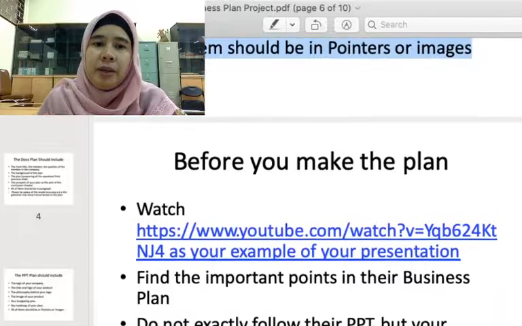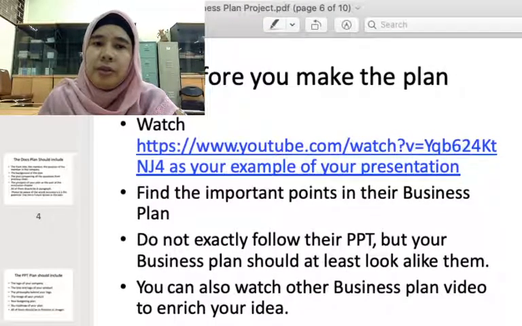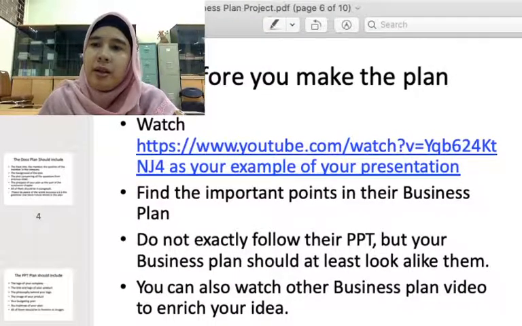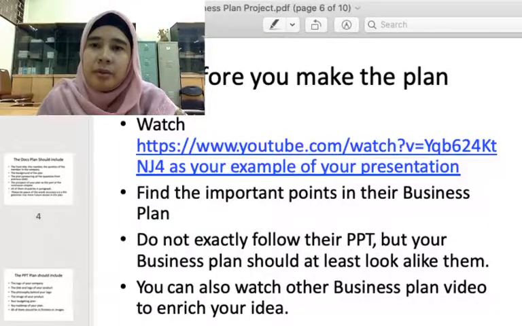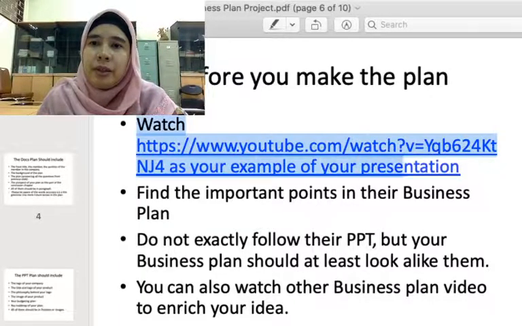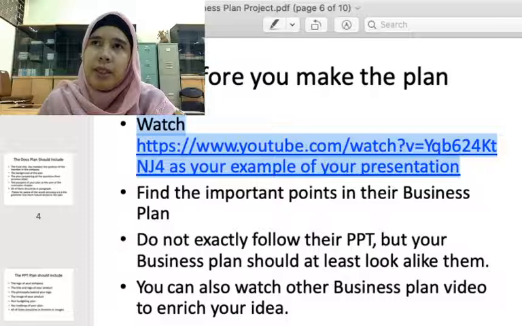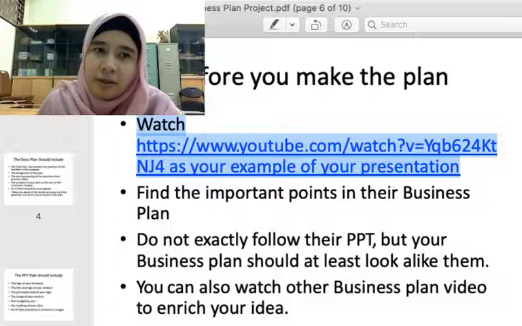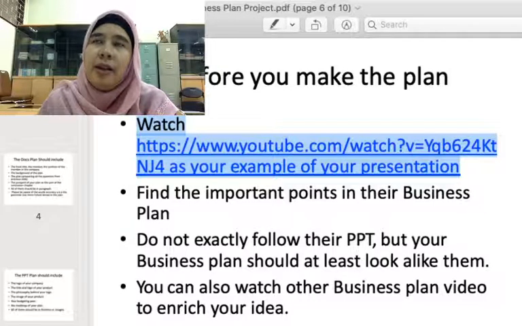Next, before you make the plan, you can also have this kind of the examples. So this is the examples of a business plan presentation. So there are several groups of students who presenting their business plan in the classroom in front of their friends.